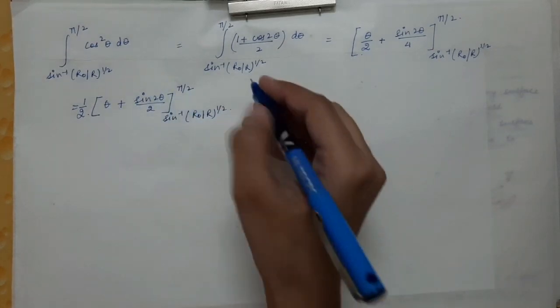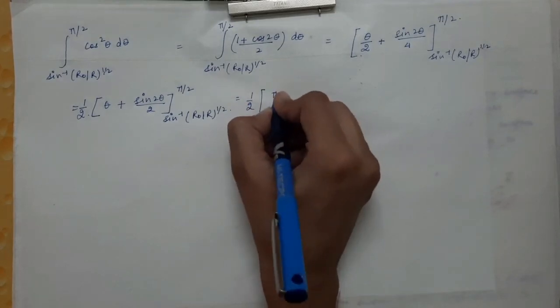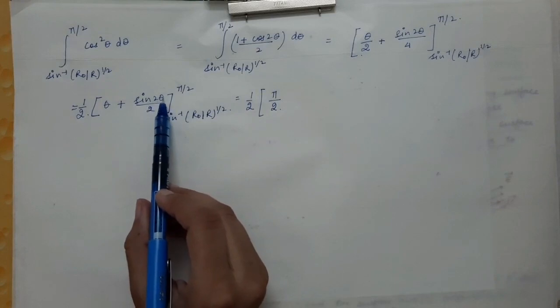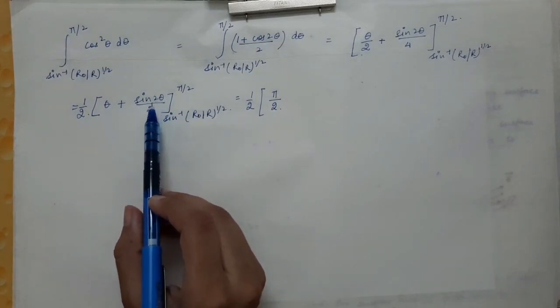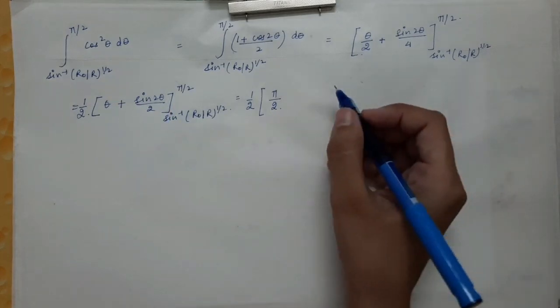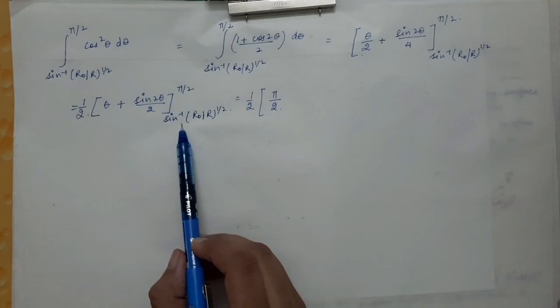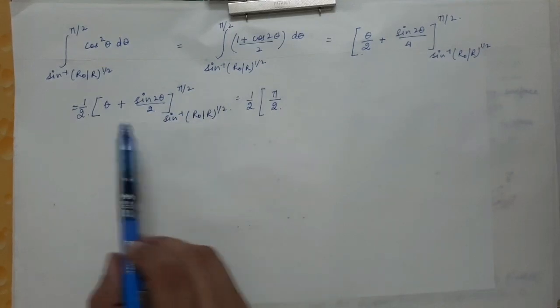So now we will put the upper limit first. Instead of theta we will put pi by 2, and in this when you put pi by 2 you will get sine pi, and sine pi is equal to 0. And then you will put the lower limit of theta.